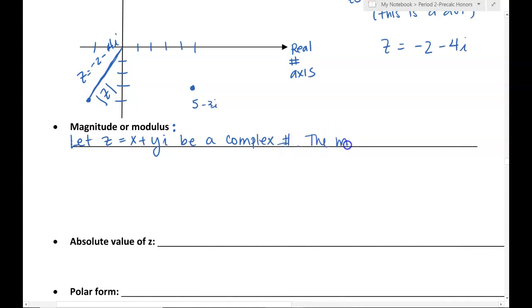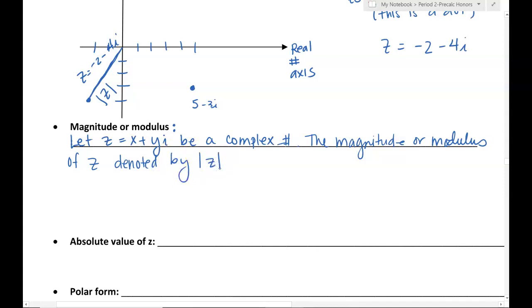The magnitude or modulus of z denoted by an absolute value of z.